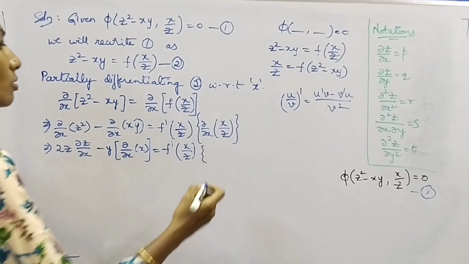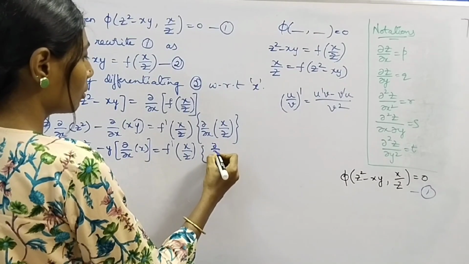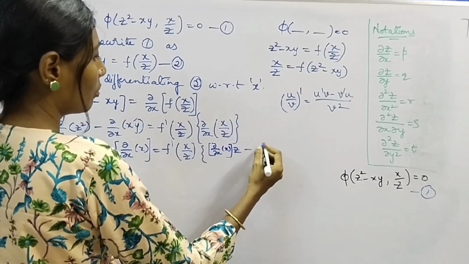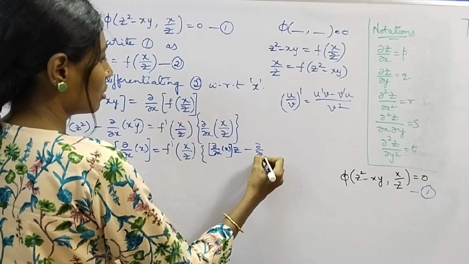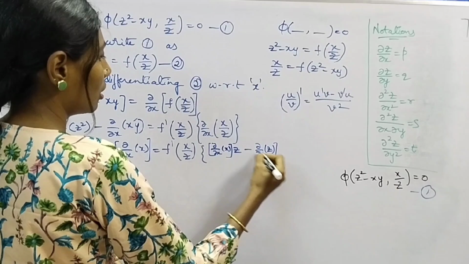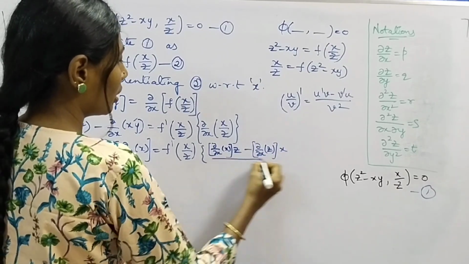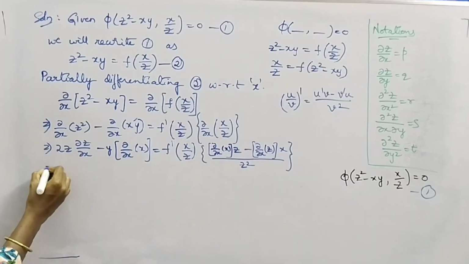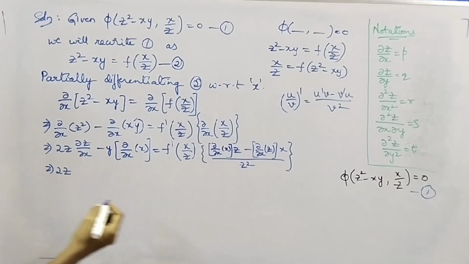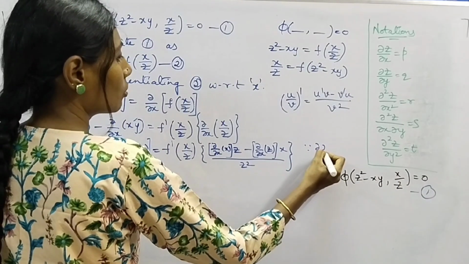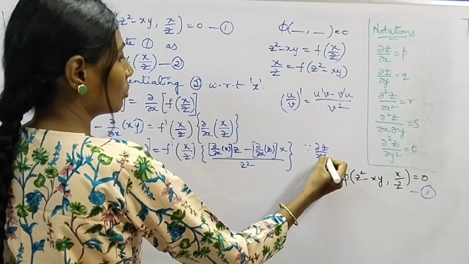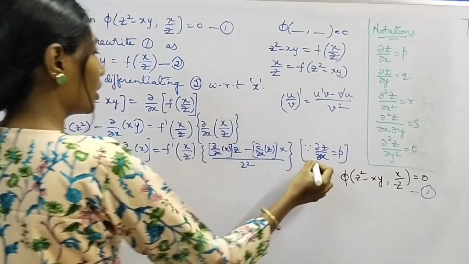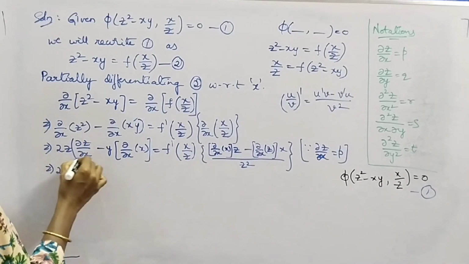Fine. Now this gives us the partial derivative of u into v minus the partial derivative of v into u, by v square. Since we have the notation dou z by dou x equal to p, we can just replace dou z by dou x by p here.